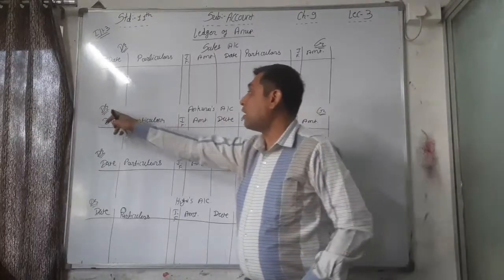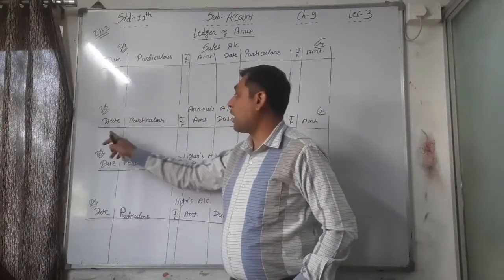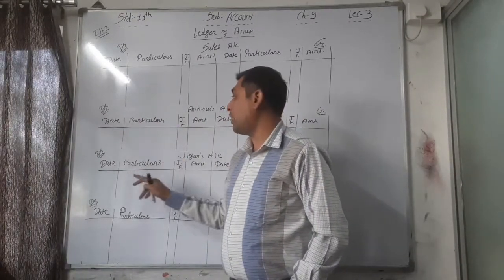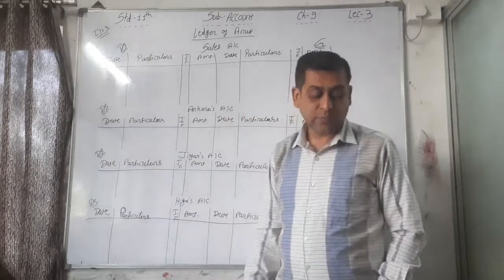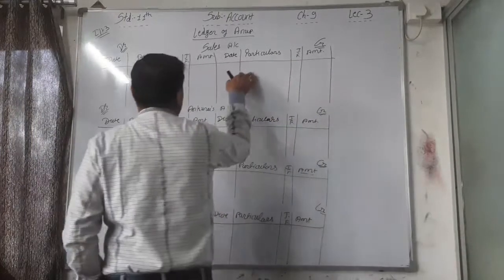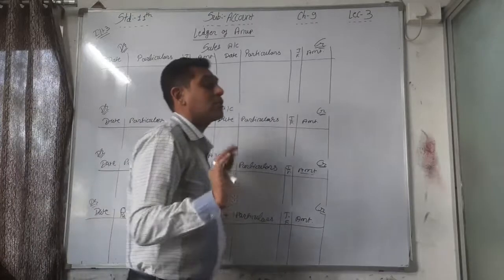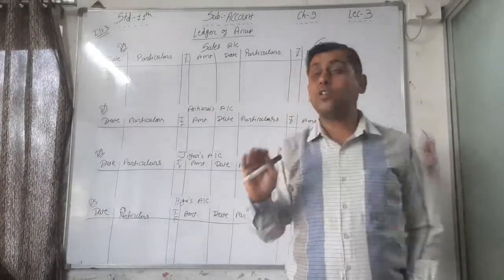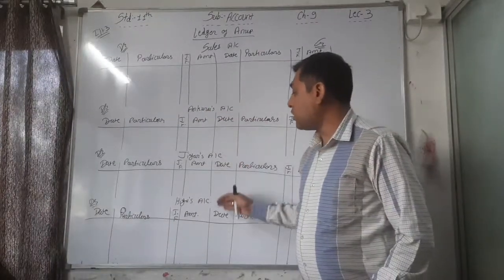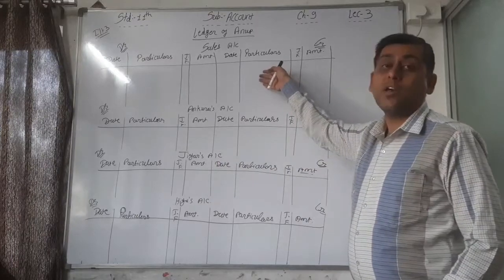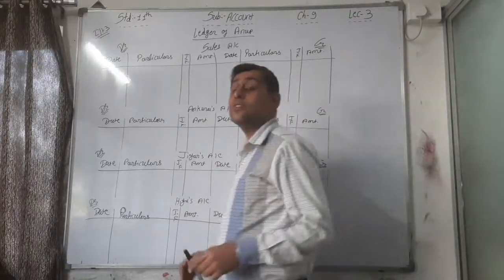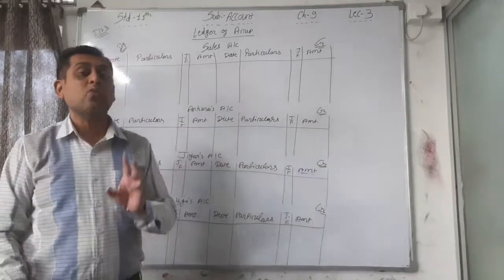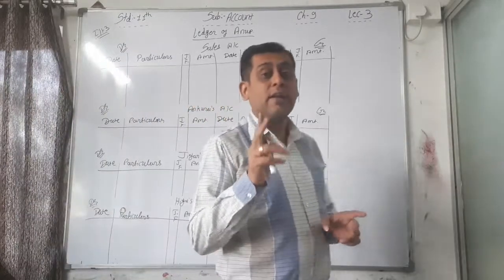That's why here on the debit side, Ankura's account, to sales account, we have to write down. And in the credit side, the names of Ankura, Jigar and Hia are not recorded here in detail because they are already recorded in the subsidiary book. So we don't have to make a double entry for that.